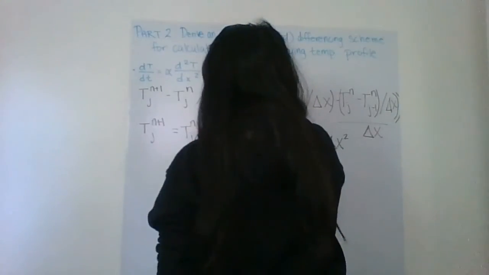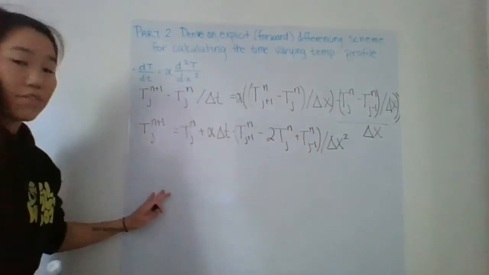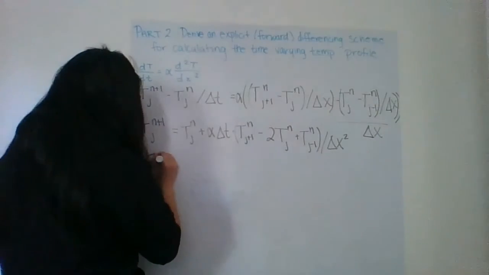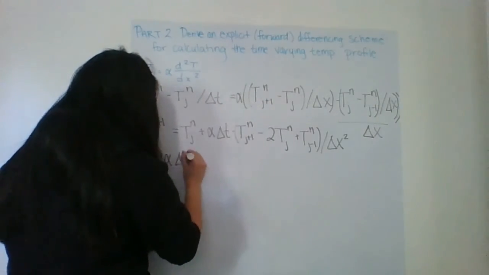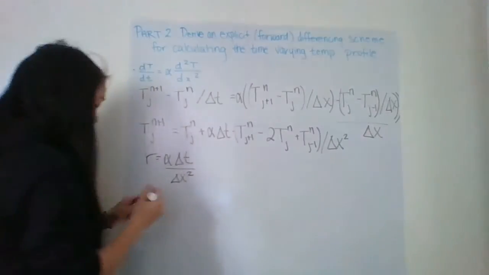I'm just going to add in parentheses right here to make it easier. And to simplify this a little, we make the evaluation of r. So we have r equals alpha times delta t divided by delta x squared.